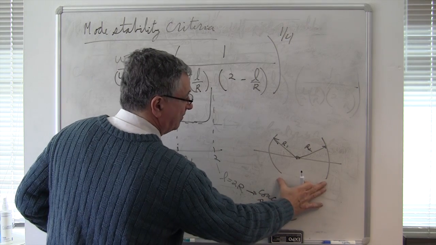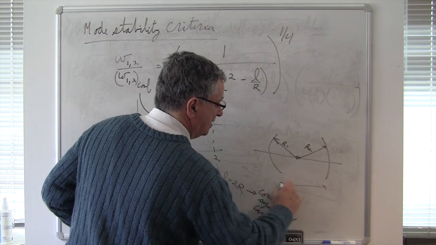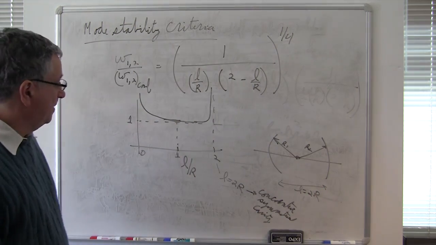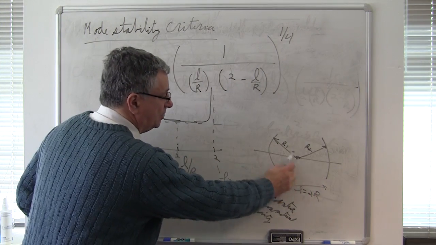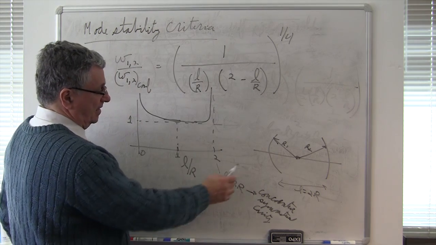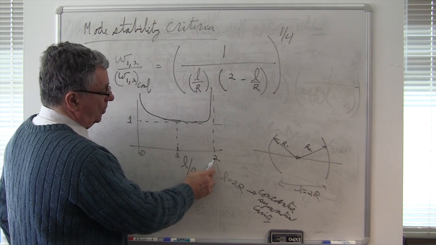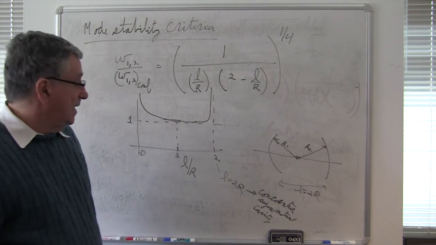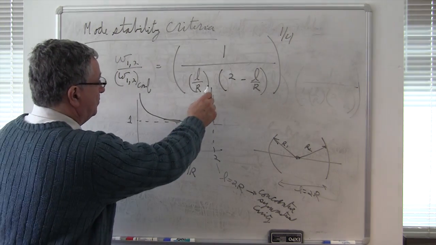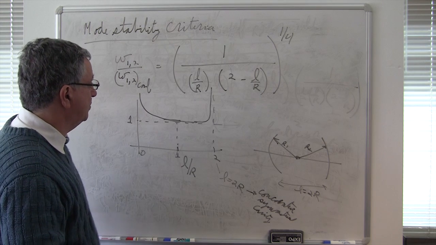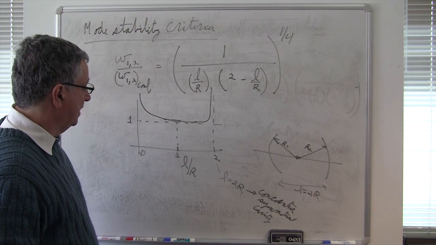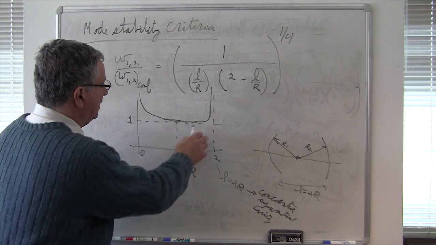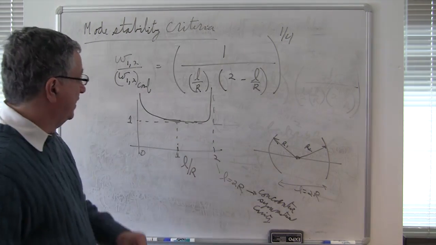So it means that the length of the cavity is L equal to 2R. Okay? So this is the situation where you get a concentric cavity. The mode size is unstable, and in that situation the mode size becomes infinite on the mirror. Okay? But in between, you get a stable situation.